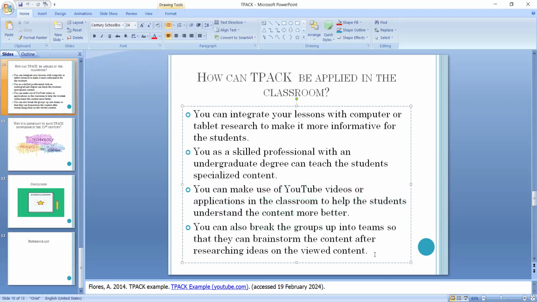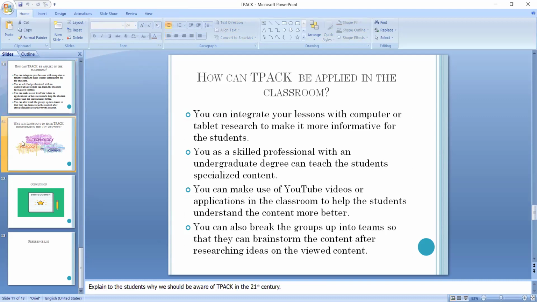And the other one, once again, if there is load shedding, we can also break the students up into groups or teams so that they can brainstorm the content after researching ideas on the viewed content. Yeah, I think you can also get creative. You can maybe go sit outside with the students if your class sizes aren't really that big. Obviously, you still want to have control over the students.